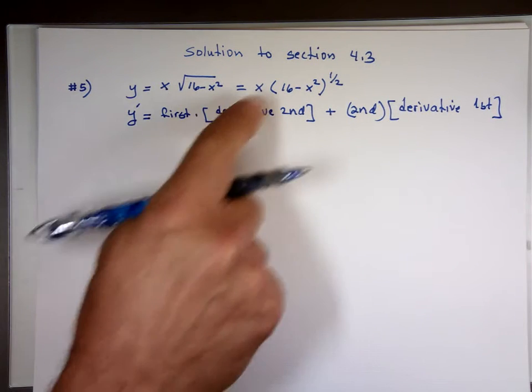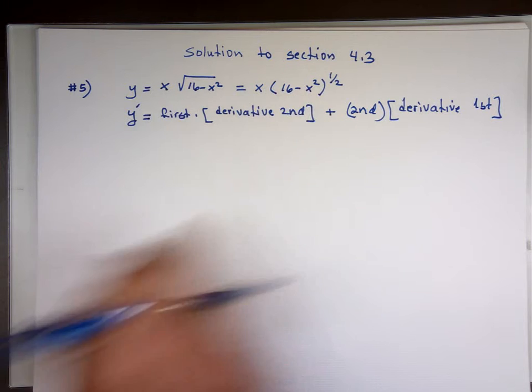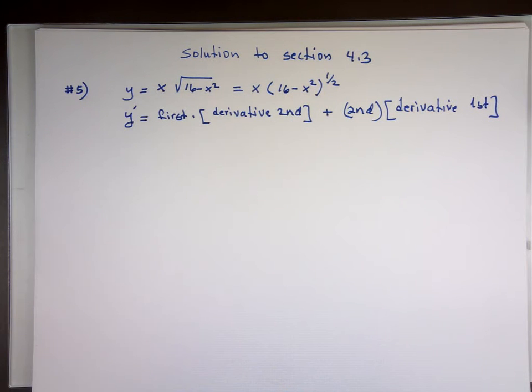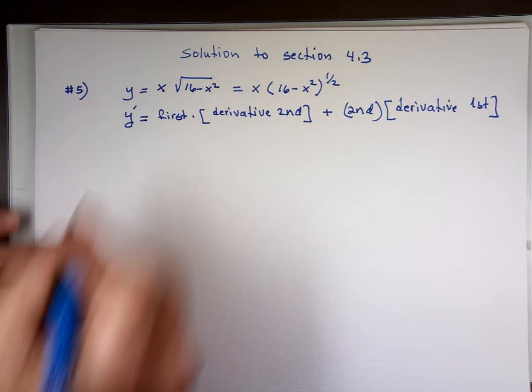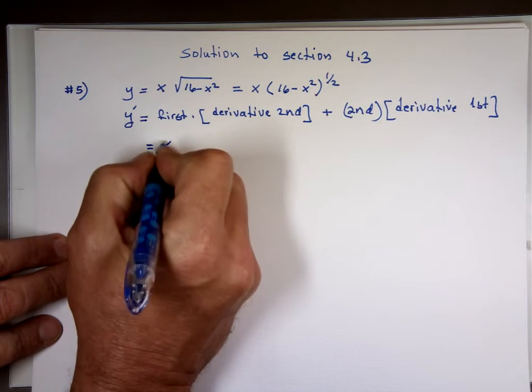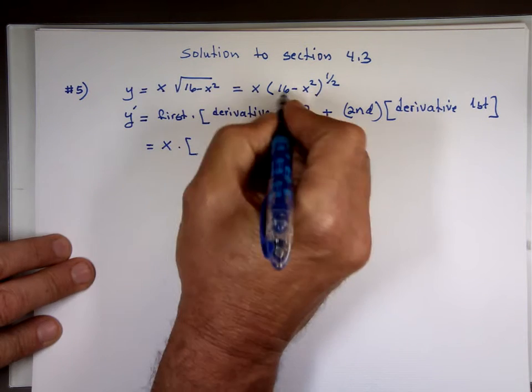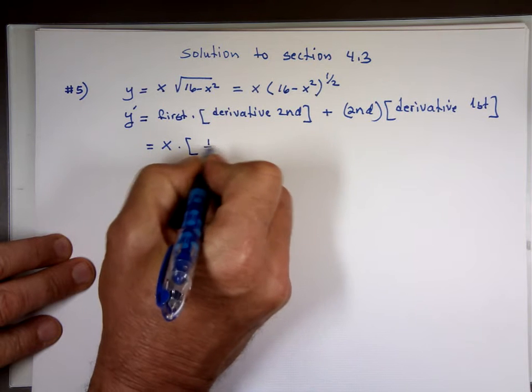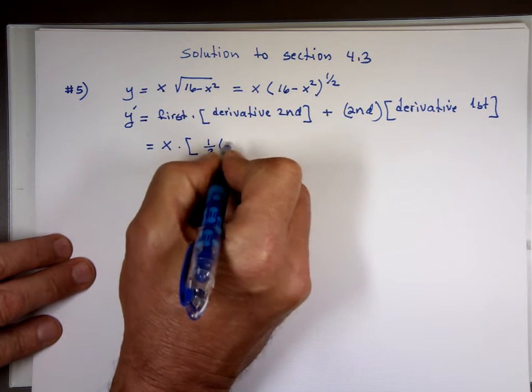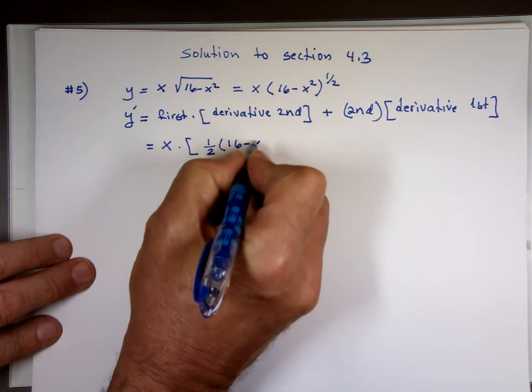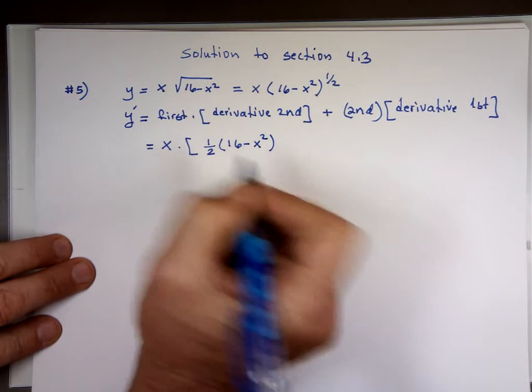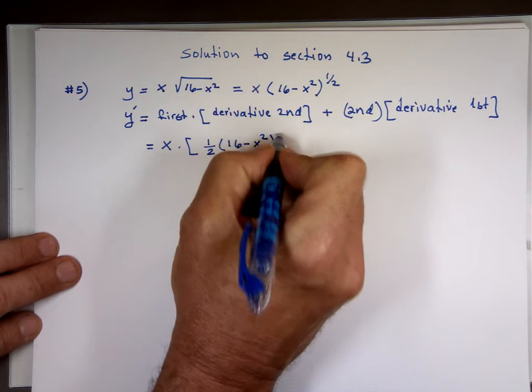That's what the product rule is. You take the first one times the derivative of the second plus the second one times the derivative of the first. So the first here is x times the derivative of the second. This will be 1/2, the extended power rule, 16 minus x squared to what power? Negative 1/2.